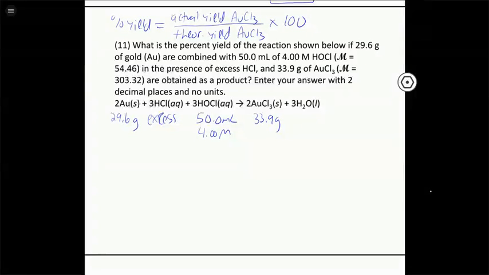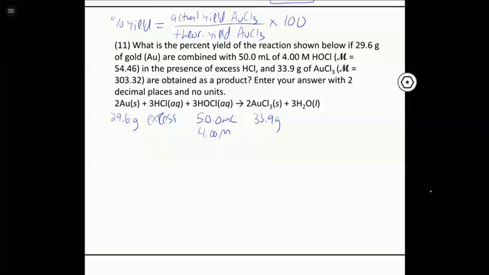We don't know which of these, whether it's the gold or the HOCl, which is the hypochlorous acid, is going to limit the amount of product that forms. Because the theoretical yield that we need to calculate to do this calculation up here is going to be determined by the amount of limiting reactant that we have. So if we have amounts for two reactants or more than two reactants, we have to figure out which one is going to limit the amount of product that forms.